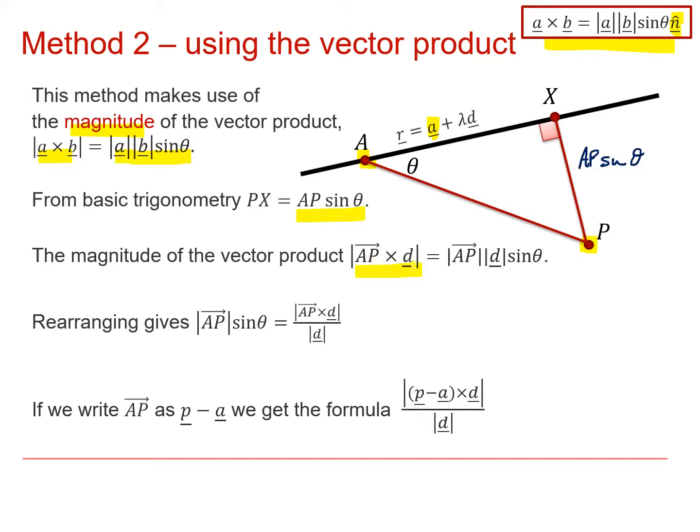AP cross D will give me AP sine theta times the magnitude of D. So if I rearrange that, I'll get that AP sine theta, the thing I want, the length of AP times sine theta, is just this thing, AP cross D divided by the magnitude of D. And AP we know is P minus A, so we get this formula, the magnitude of P minus A cross D, divided by the magnitude of D.